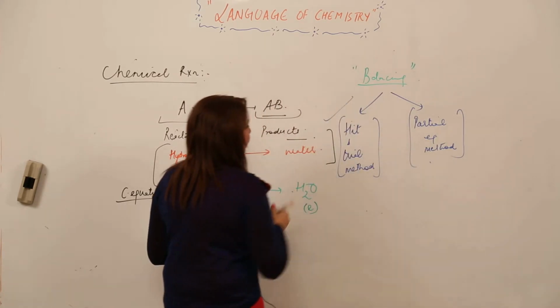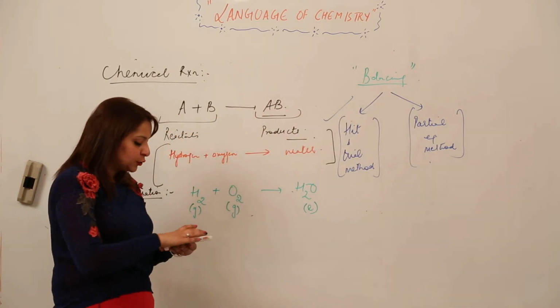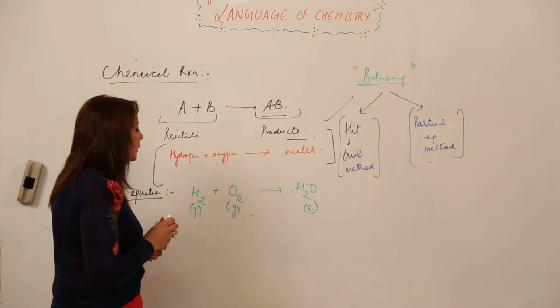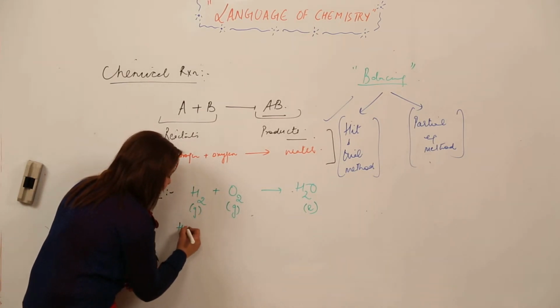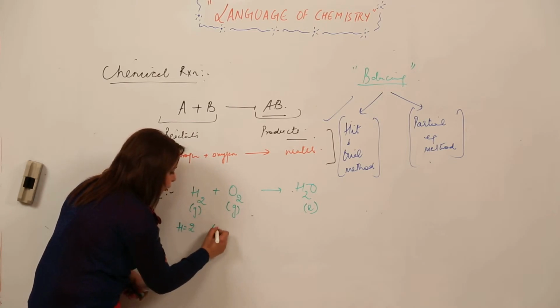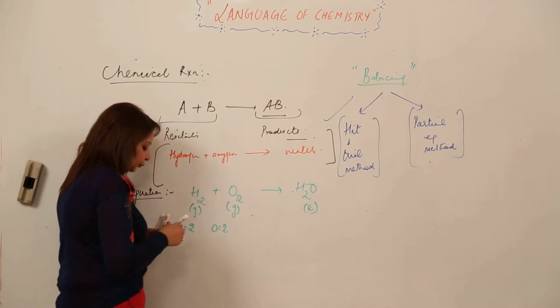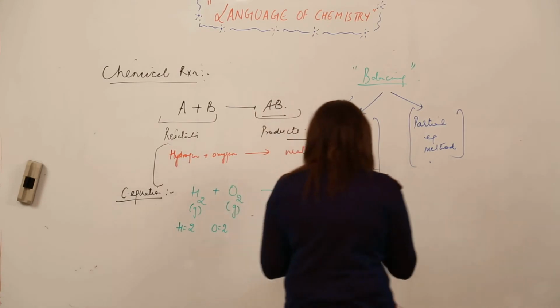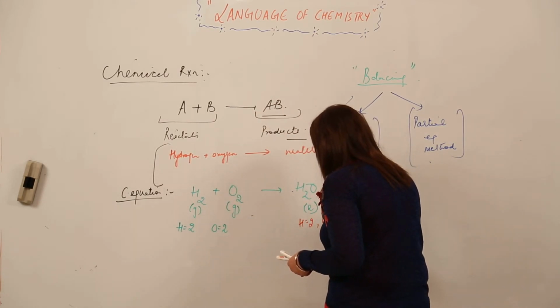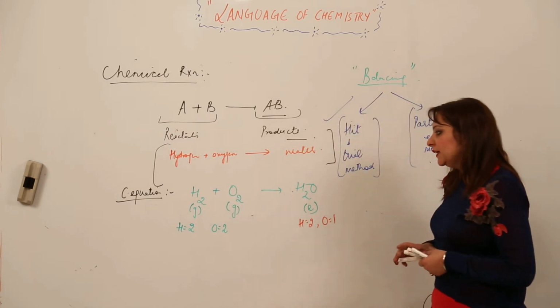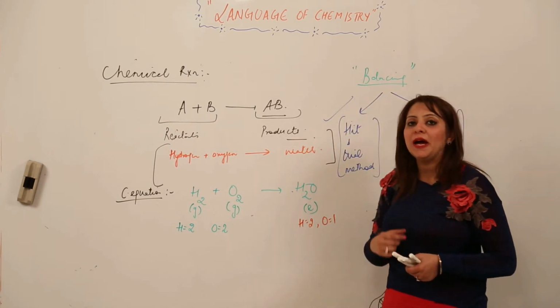So just look at the board, this hit and trial method, how we will be doing that. For the hit and trial method, what we need to do is just write the number of atoms on the left side. So you get to see hydrogen 2, oxygen again 2. And on this side, hydrogen 2 and oxygen 1. So that means hydrogens are same, but we need to balance the oxygen.